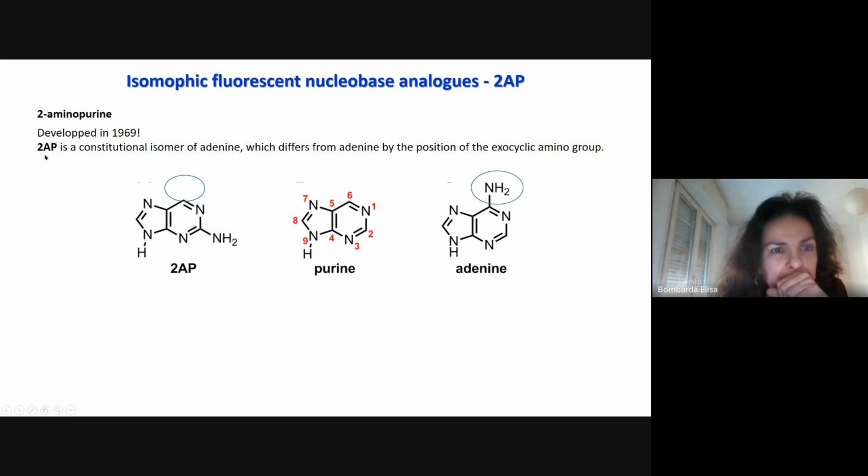developed. And it is an isomer of adenine, which differs from adenine, you see, by the absence of this amino group in position 6. But it remains still very similar to adenine.